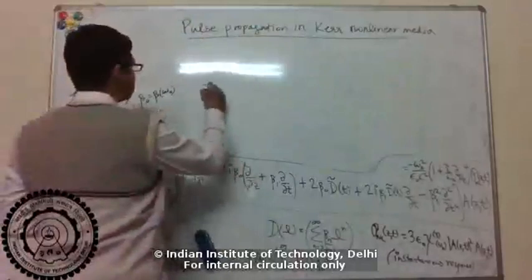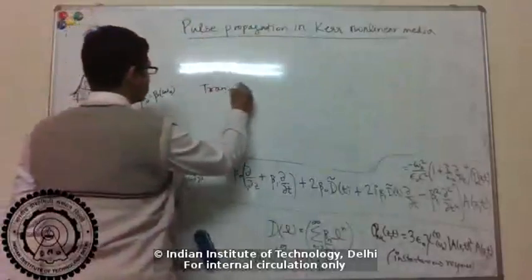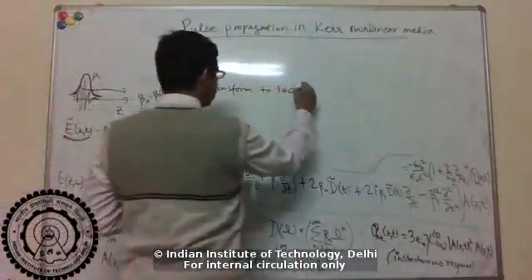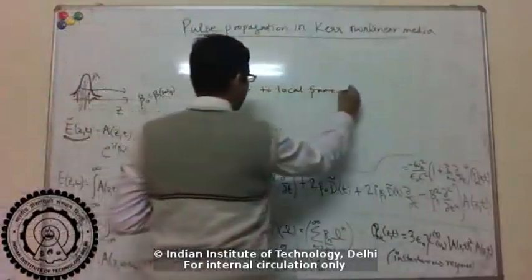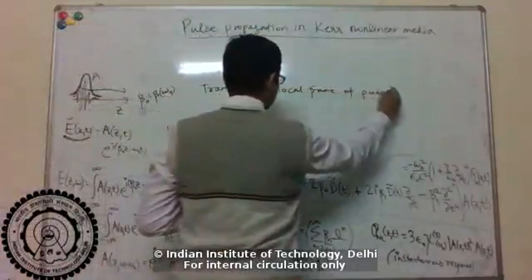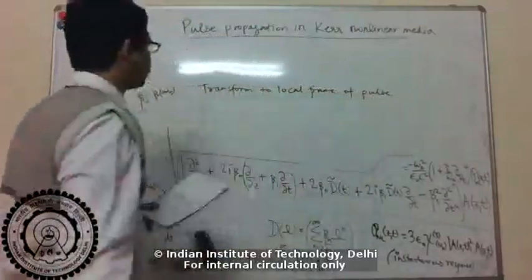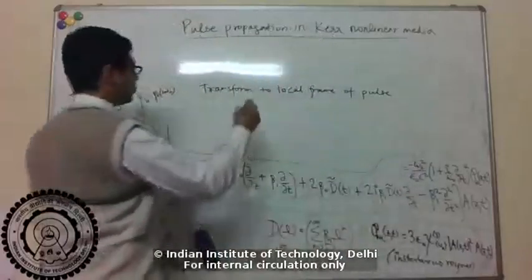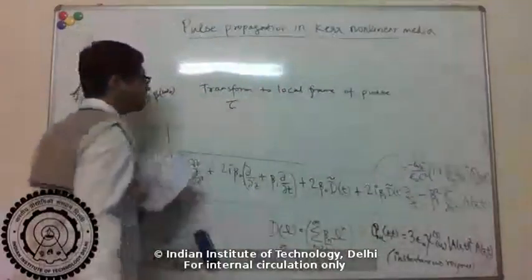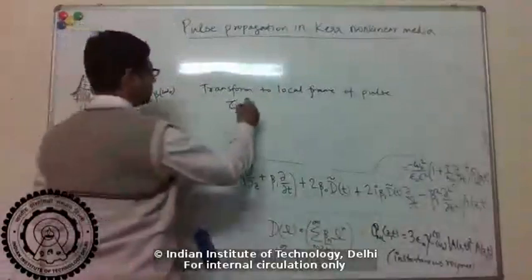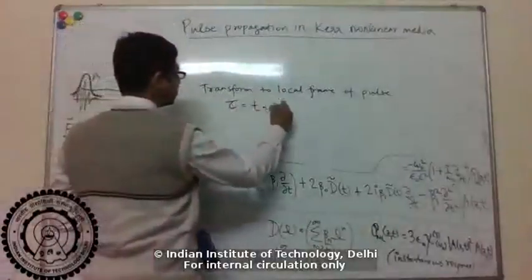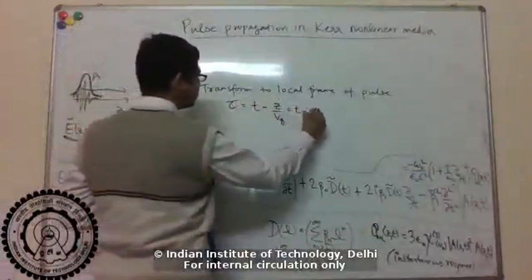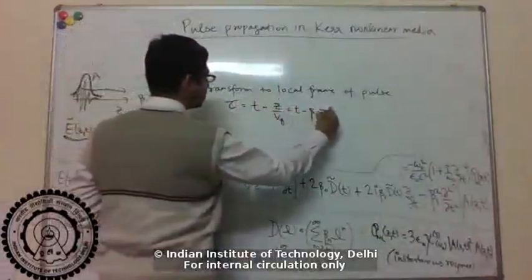So transform to the local frame of the pulse. Okay. So we define a new time coordinate tau, which is basically t minus z over vg, or equally t minus beta 1 z.